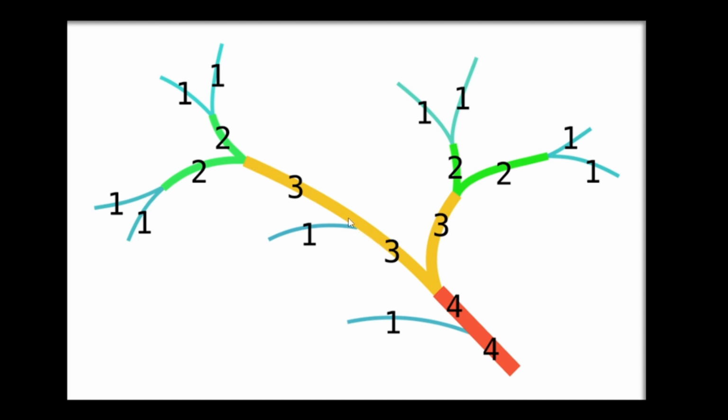And you have to consider that when a higher and a lower order stream join, they may not change the order. There is no change in order, and streams of the same order joined give the higher order, which is greater by one than the lower stream order. So this is the idea of assigning stream order.